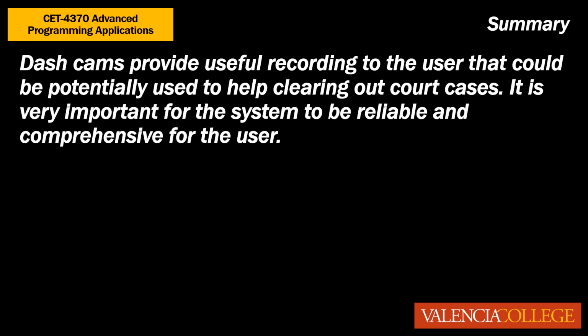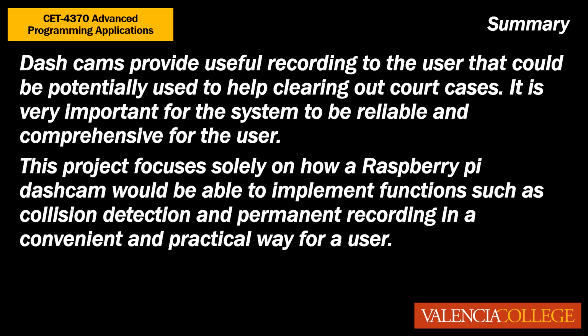We don't want the user to accidentally stop the recording when something might have happened, or we want the user to know how much time will be saved from a recording permanently. Those things are very important. This project focuses solely on how a Raspberry Pi dashcam will be able to implement such functions as described earlier, so collision detection, permanent recording, and it is important, as said, to be convenient and practical to use.